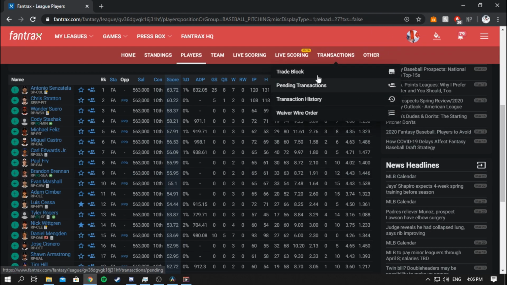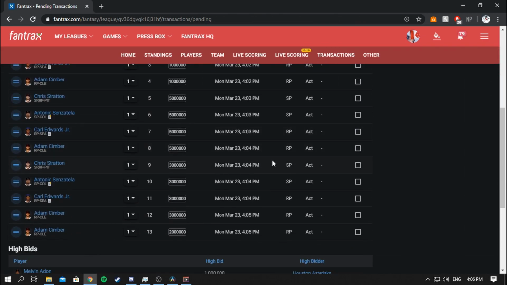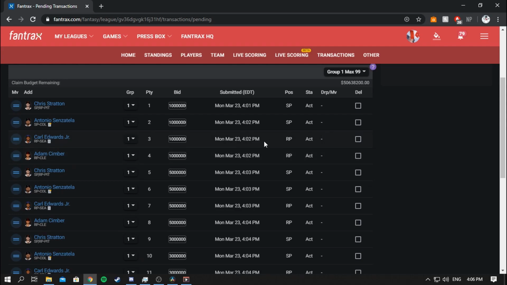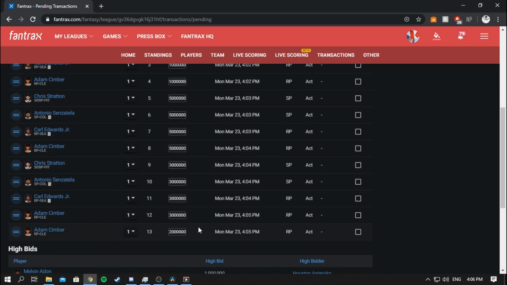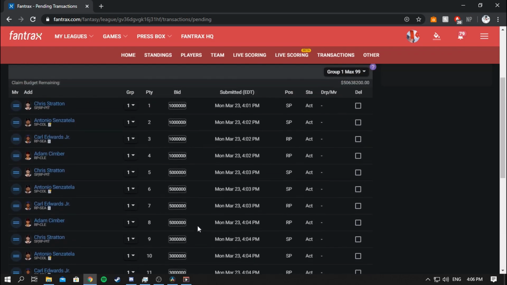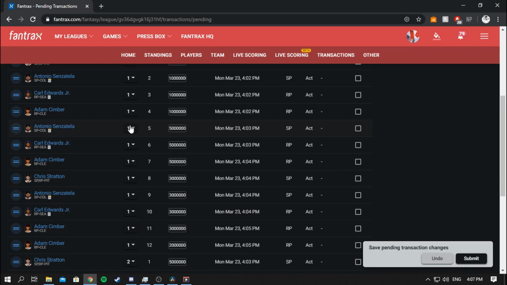Okay, so go to transactions, pending transactions again, and you should see those players listed over and over again. So that's the $10 bid, the $5 bid, the $3 bid, and the $2 bid. So I just want to group them. I'll group the $10 million guys in group 1, and the $5 million bids in group 2.